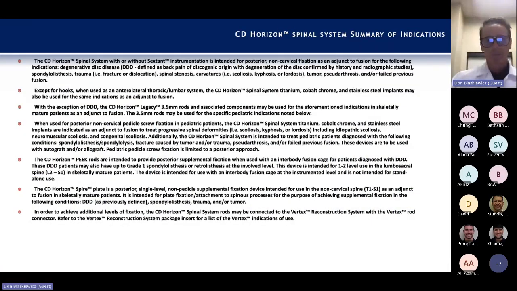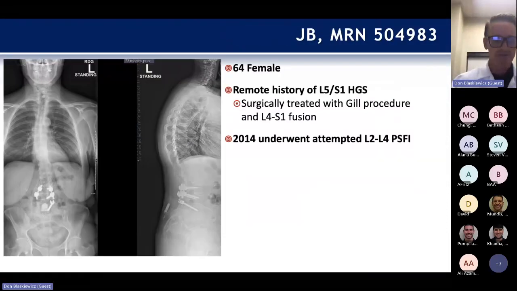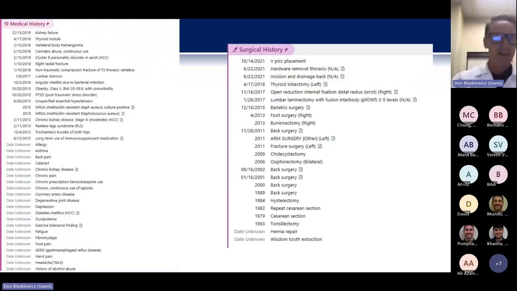I'm going to skip over some of these slides, and I'm going to do a case presentation here. So this was a 64-year-old female with a remote history of an L5-S1 high-grade slip, surgically treated with a Gill procedure and an L4 to S1 fusion. In 2014, she underwent an attempted L2 to L4 posterior instrumented fusion, and I couldn't find the op notes, but they ended up dropping that.